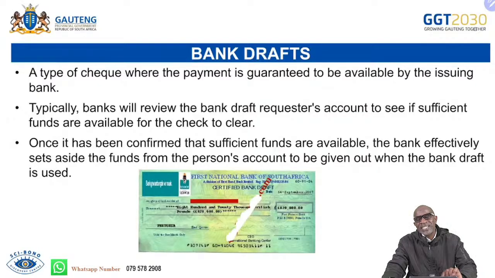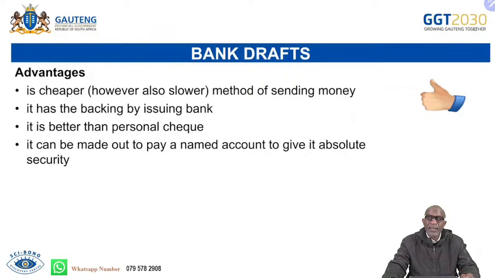And as soon as this kind of check is presented, they will release the 5,000 that was set aside to the person who will be claiming that money. That's how a bank draft works.